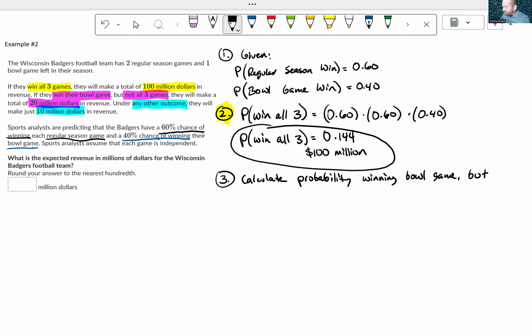Actually, let me write and instead. That might make more sense because we're talking about probability. So calculate winning the bowl game and losing at least one regular game.